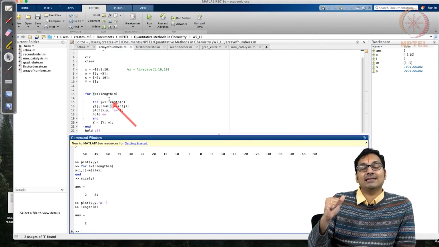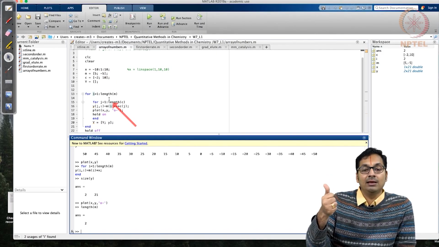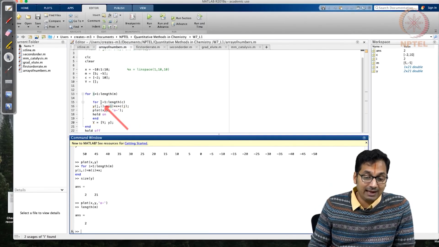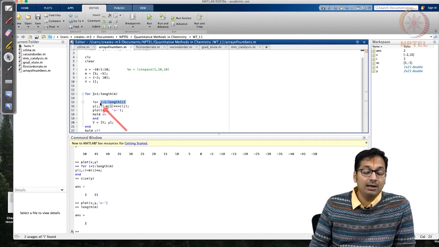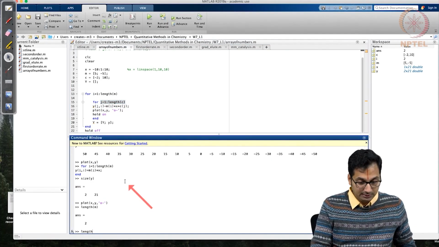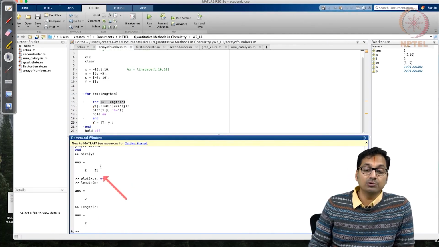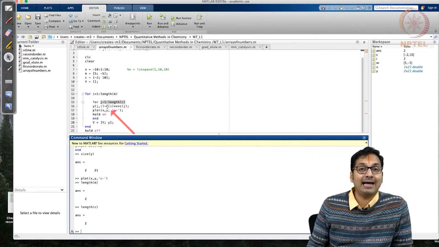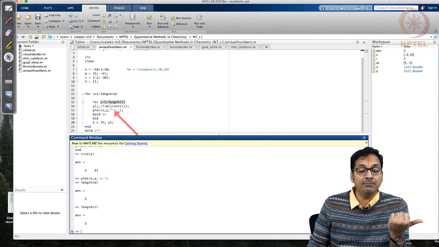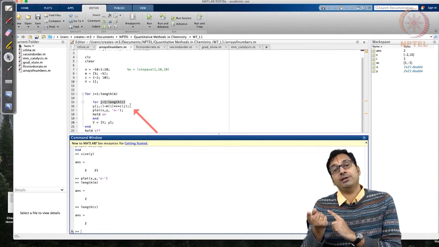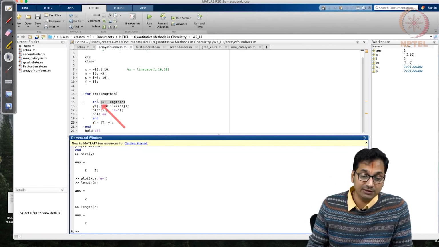It sets the i value as 1 to start with, and then goes into this portion of the code where it once again asks for the variable j, and to start with j is also set to 1, and it asks what is the length of c. The length of c is also 2, so it starts with i equal to 1, j equal to 1. Then it goes here and calculates for that given value of m, which is m of i, and c of j. So it can do every combination of m and every combination of c in this code.